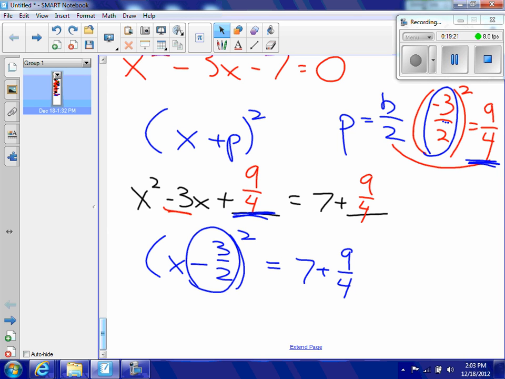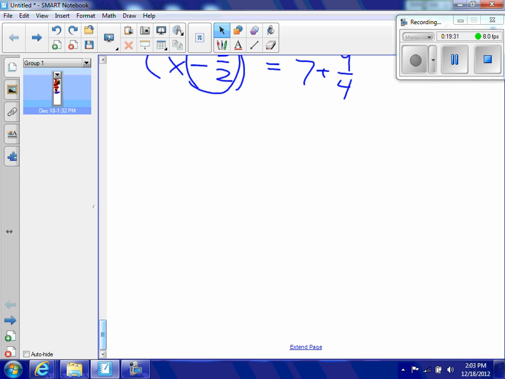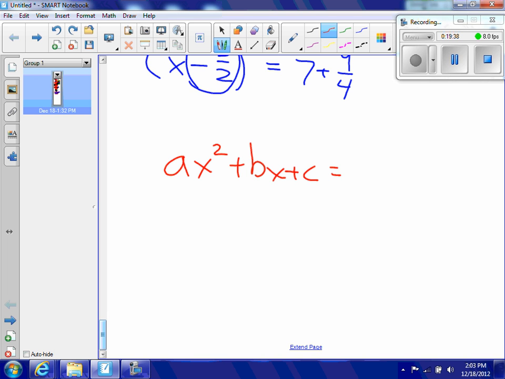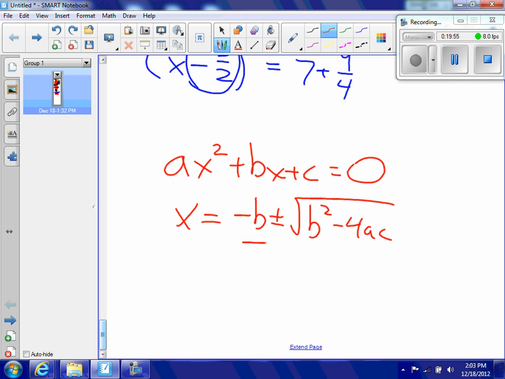Well, I hope this helps you grok a little bit of what it means to complete the square. One final thing. We've done this before, but if you actually took ax squared plus bx plus c equals 0 and tried to solve for x by completing the square, you're going to wind up with negative b plus or minus square root of b squared minus 4ac all over 2a.